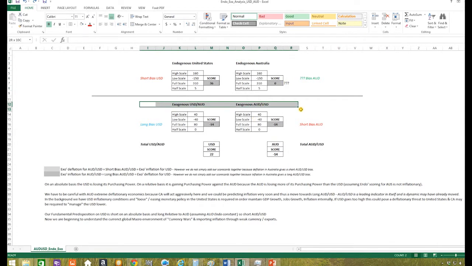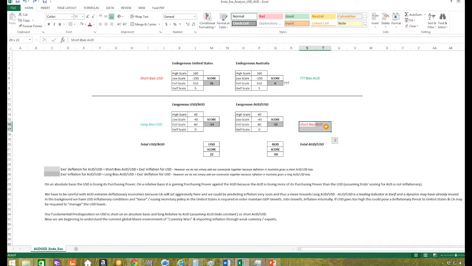And we've scorecarded across our exogenous analysis across the Australian economy and measured this relative to the US economy, and ended up with a short bias in the Australian dollar due to deflation.